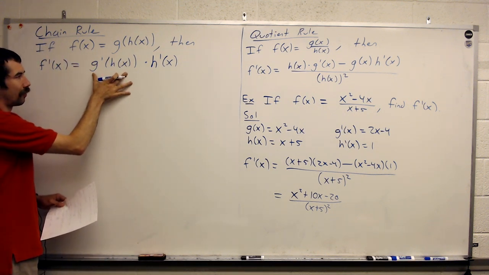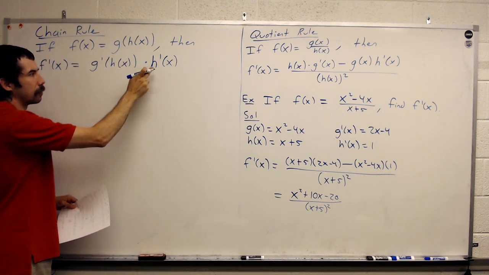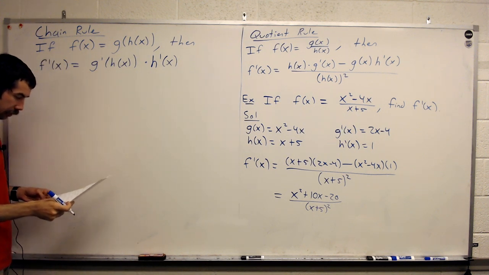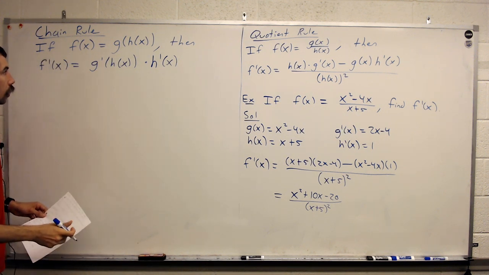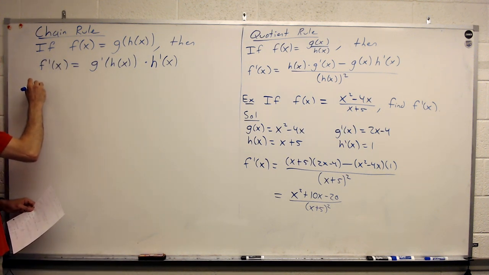All right, so it's the derivative of the outside function times the derivative of the inside function. All right, so let's take a look at an example.